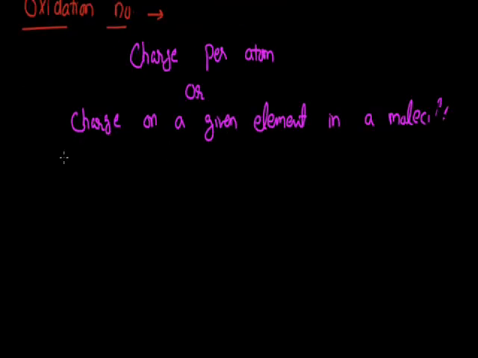For example, hydrogen chloride is a covalent molecule where the hydrogen and chlorine atoms are bonded by a single covalent bond. But due to the high electronegativity of chlorine, a partial negative charge develops on the chlorine atom and a partial positive charge develops on the hydrogen atom.